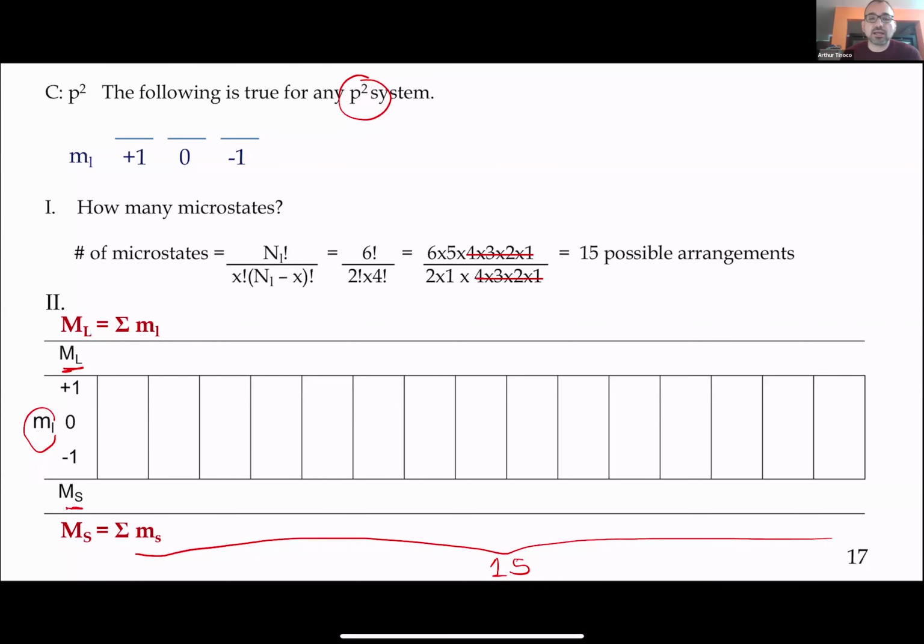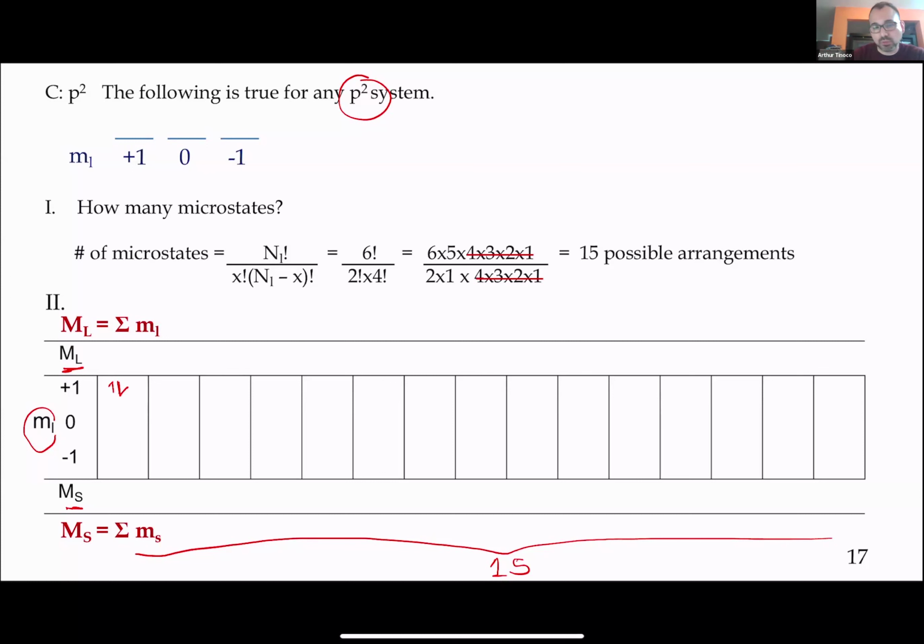So the very first thing that I do when I think about how do we go about doing this is I focus first on arrangements where we have things paired up. And then I focus on arrangements where we have things that are not paired up. All right, so we can start off with having those 2 electrons both paired up in the +1.